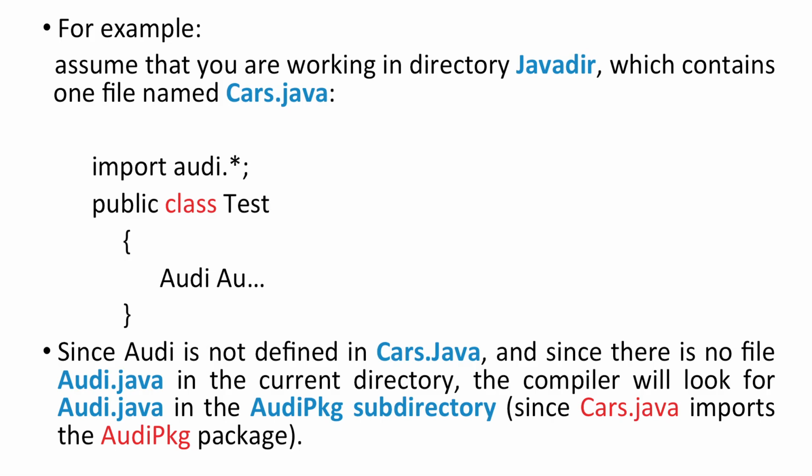Since audi is not defined in cars.java, and since there is no file audi.java in the current directory, the compiler will look for audi.java in the audi package subdirectory. It will be looking further in the audi package subdirectory, since cars.java imports the audi package.